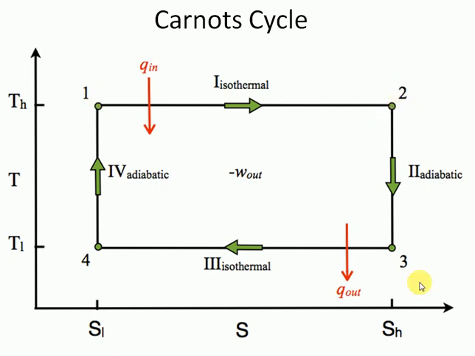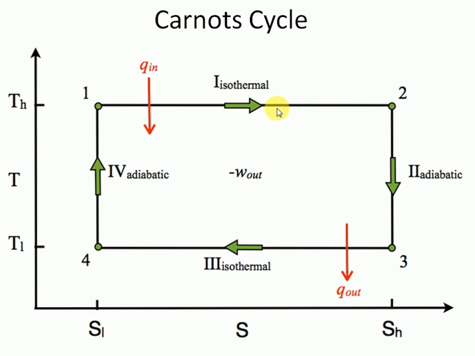Process 2 to 3 is a reversible adiabatic process and temperature is reducing, so it is carried out in a turbine. Process 3 to 4, entropy is reducing, so this is carried out in a condenser. And process 4 to 1, temperature is increasing, so this process is carried out in a pump or compressor.